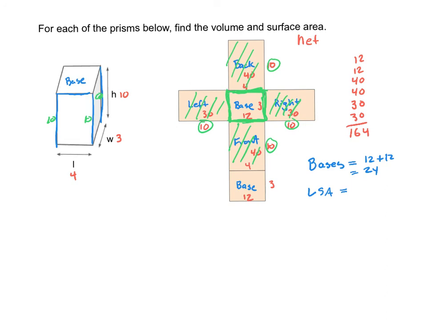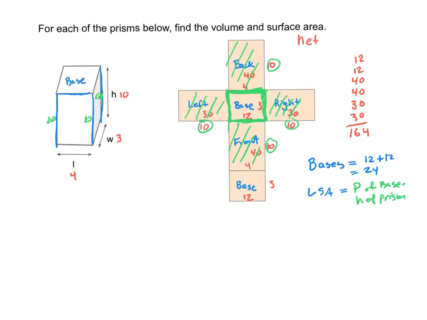Because the perimeter of the base is the same as adding all of the sides of the front, back, left, and right together, I can do this in one step and say the lateral surface area is equal to the perimeter of the base times the height of the prism.